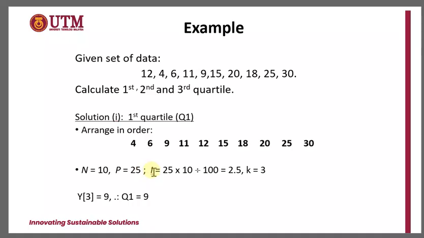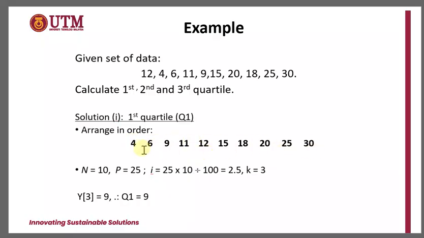So i is equal to 25 times n divided by 100, which is equal to 2.5. Always we round the number for Q1, so 2.5 rounded is equal to 3. That means the third position in this sorted data set will be Q1.